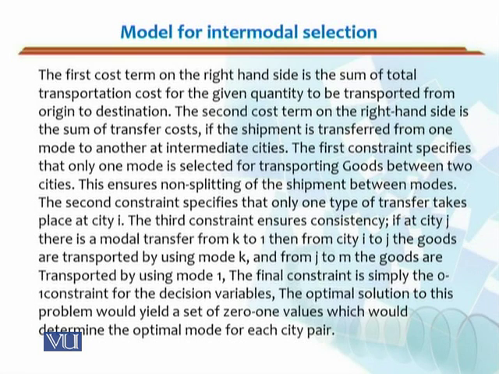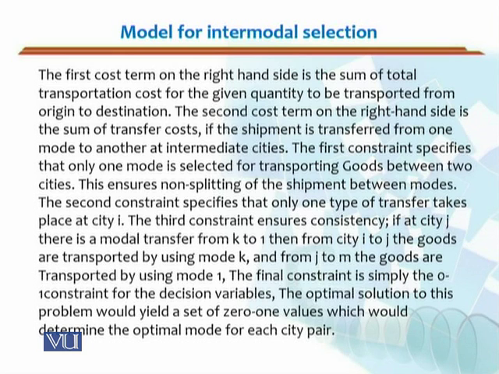When you are switching from one mode to another, you are not selecting more than one mode. This ensures non-splitting of the shipment between modes. The second constraint specifies that only one type of transfer takes place at city i. Only one type of transfer.